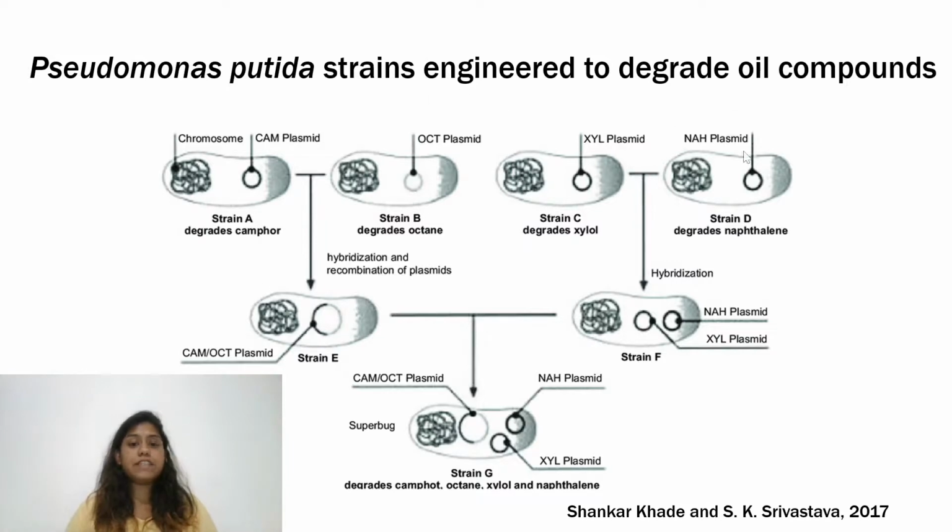Instead of having these 5 or 6 different strains to clear one site with these different contaminants, now we can use this single strain which can degrade these various contaminant substances. So Pseudomonas putida was engineered to degrade oil components by introducing these different plasmids of interest. And we know that Pseudomonas putida is a classic example of bioremediation.